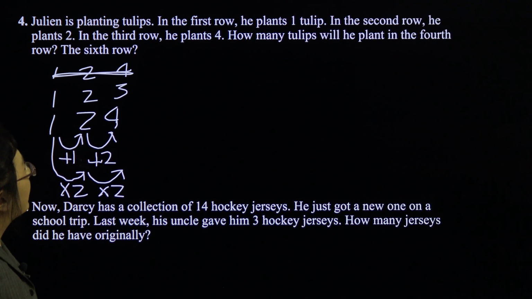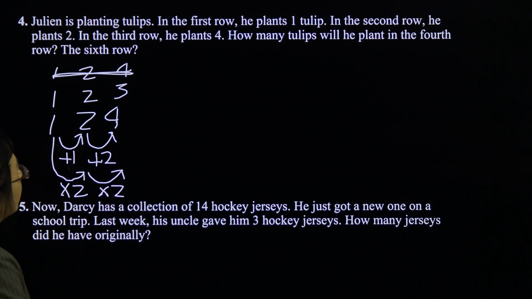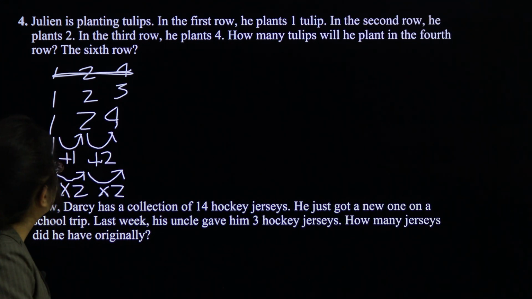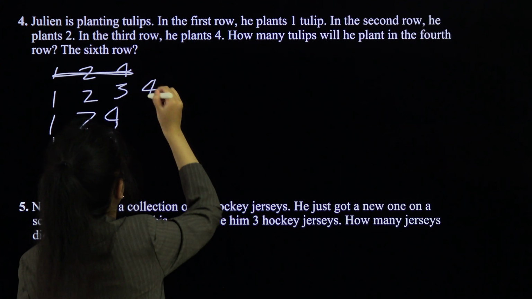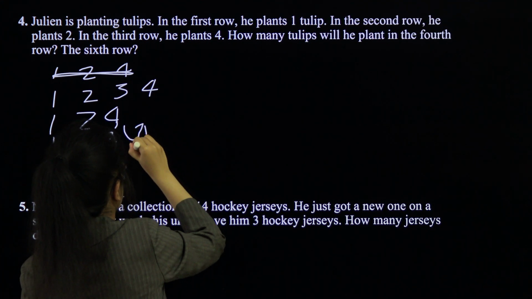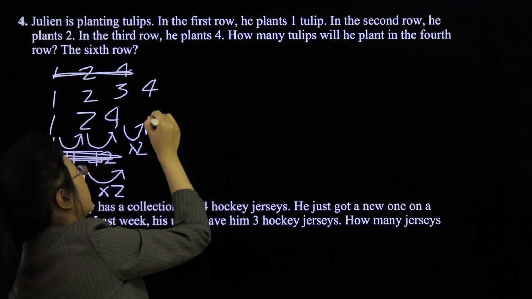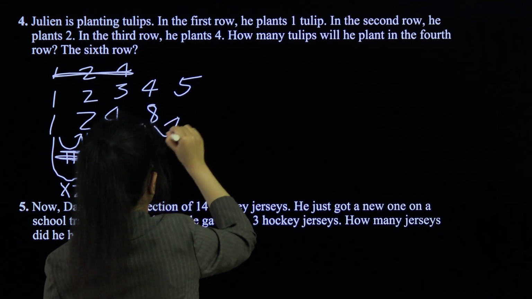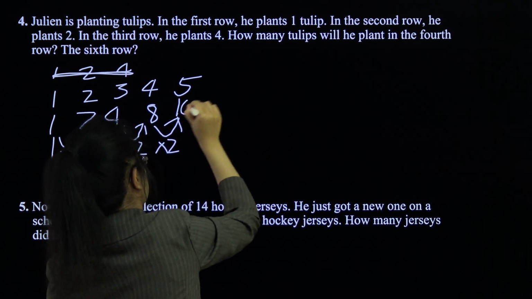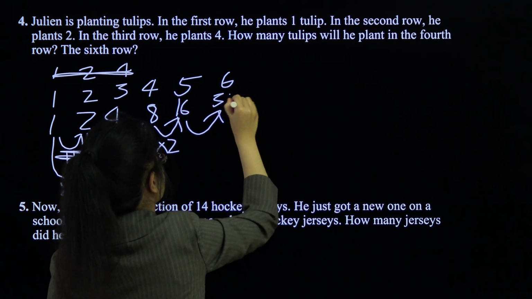So he doubles the amount of tulips he plants in every row. Now for the 4th row, well, 4 times 2 is 8. In the 5th row, it's 16. In the 6th row, it's 32.